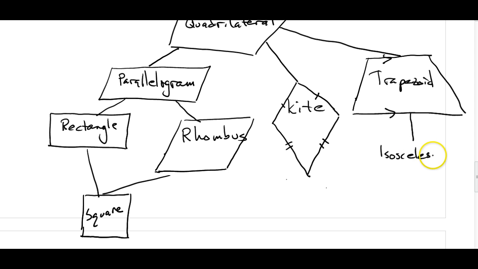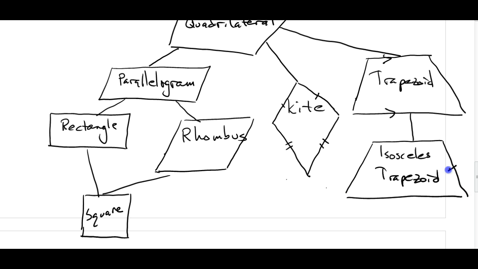A little trouble spelling here. The only difference now is that the legs, which are the non-parallel sides, so make sure you know that, are congruent. Picture's a little bit off here.